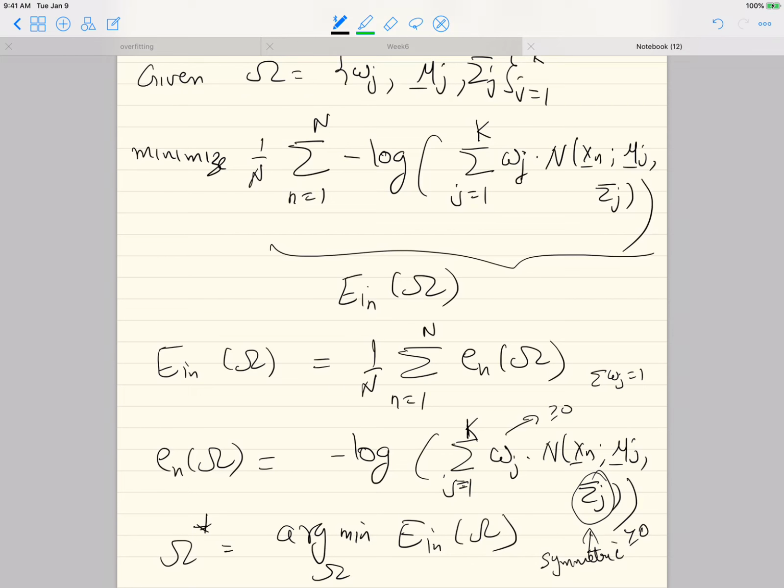So if you just took the gradient with respect to all the variables and took a step in that direction, chances are you will violate all these constraints. Chances are that the W's will not add up to 1. The matrices will no longer be symmetric or positive semi-definite and so on. Now these are not impossible things.